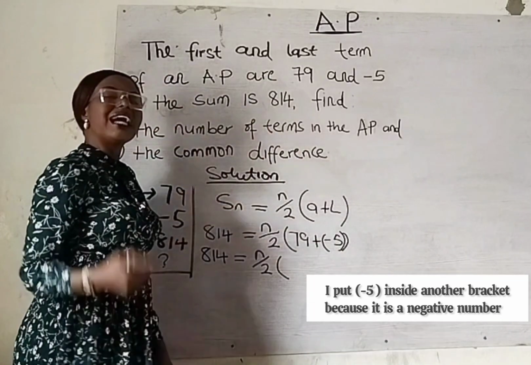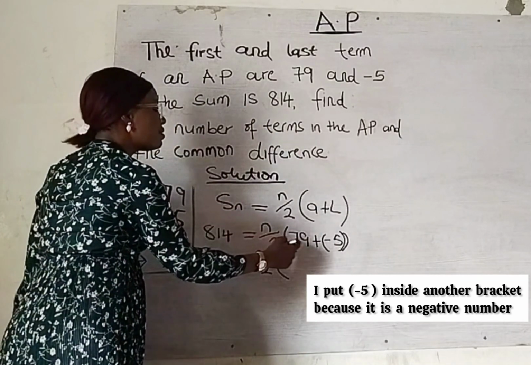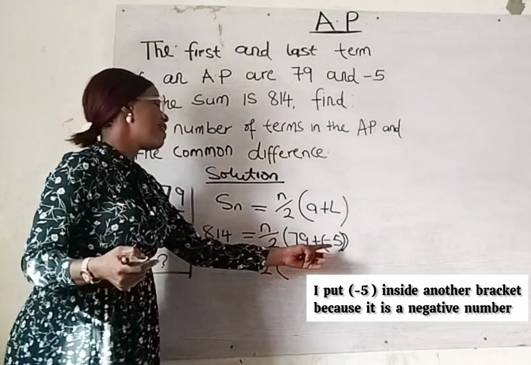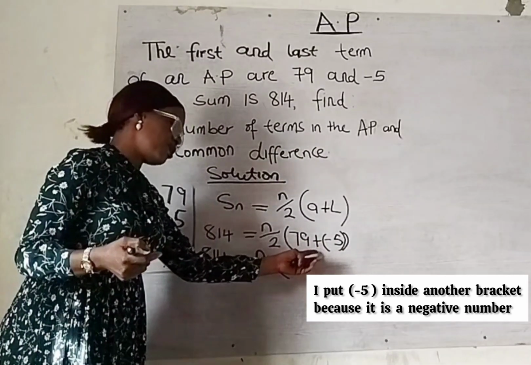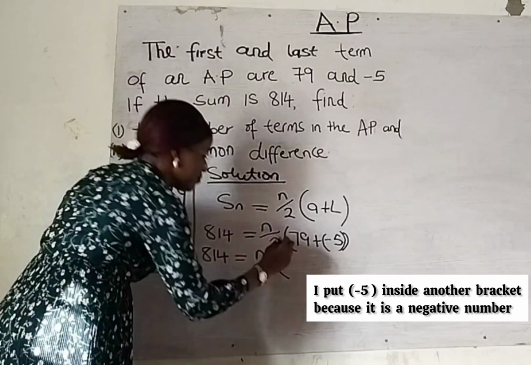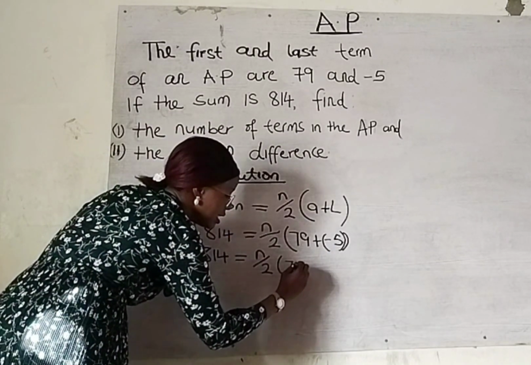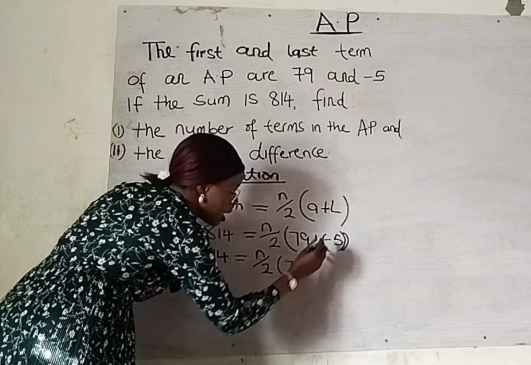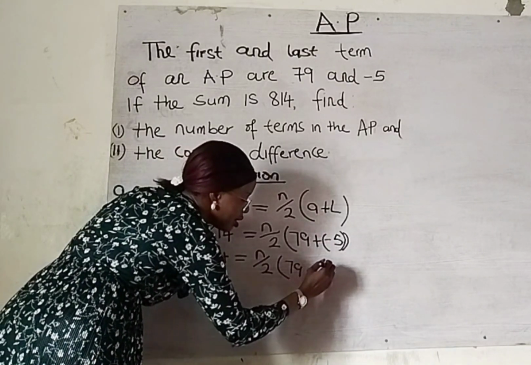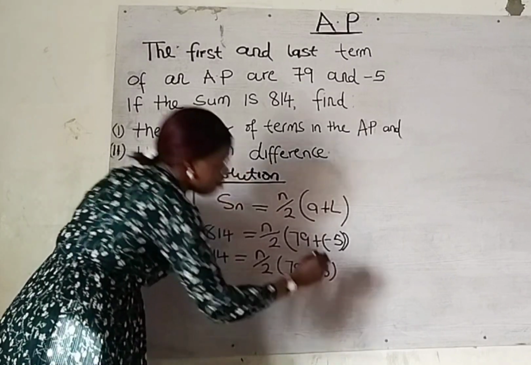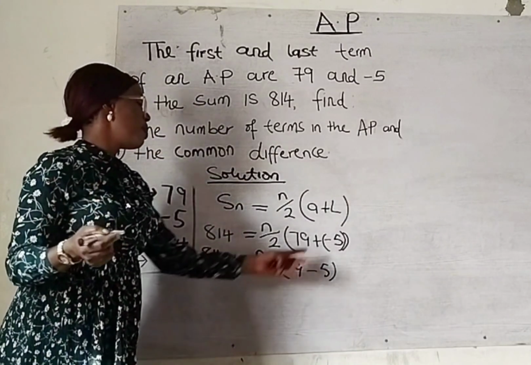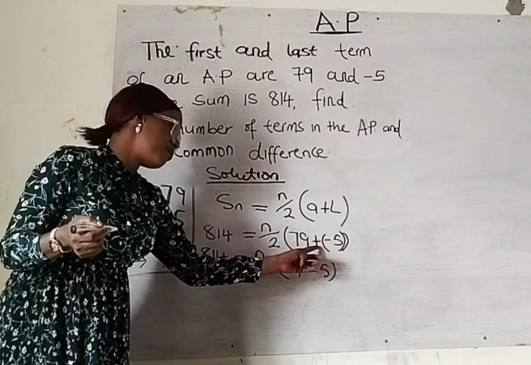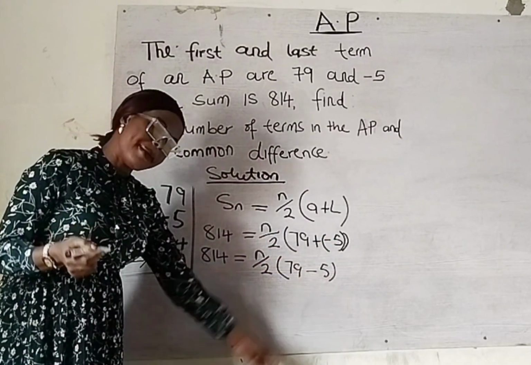I will say 79 plus minus 5. This minus will swallow this plus, so it will now be 79 minus 5. Whenever you have plus and minus, the minus swallows the plus and it will be only minus.